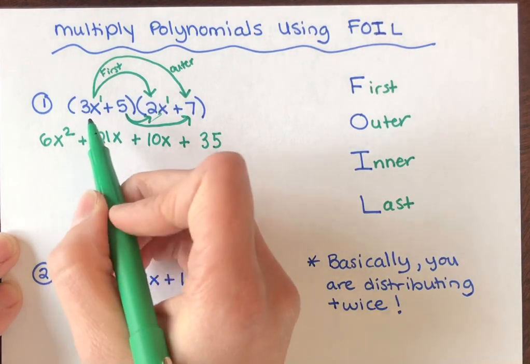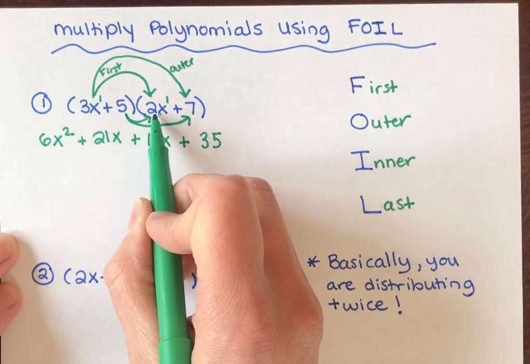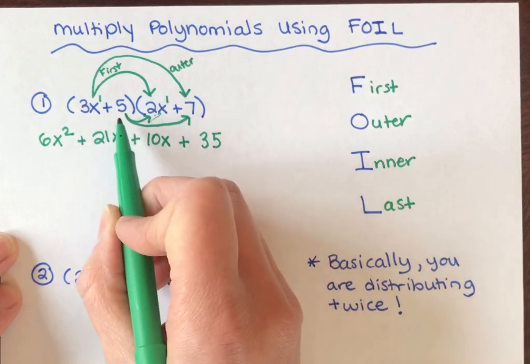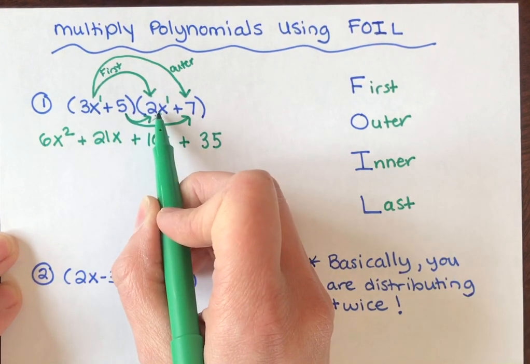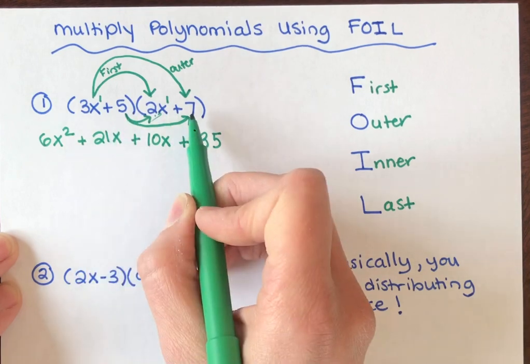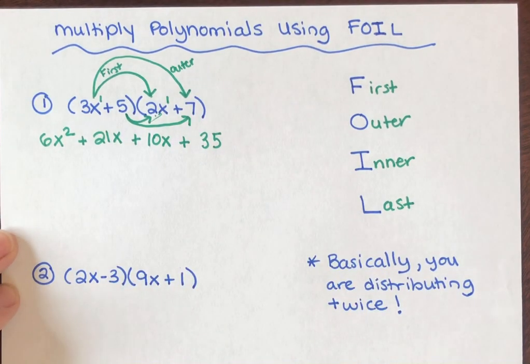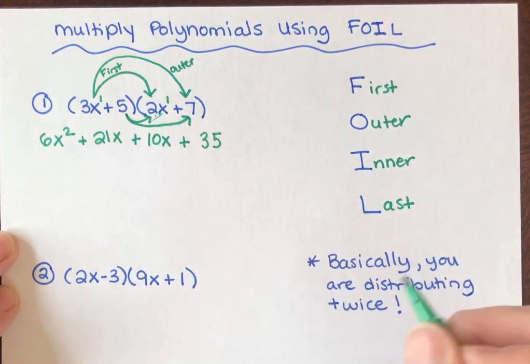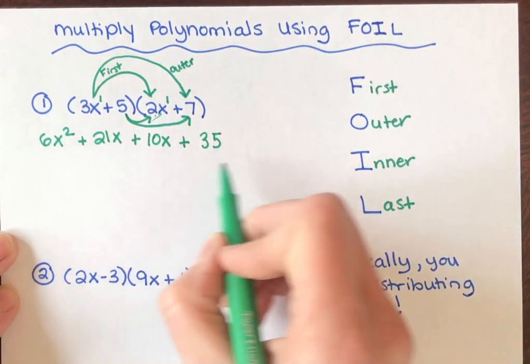If you think about it, we took 3x and we distributed it to 2x, and we took 3x and distributed it to 7. Then we took 5 and distributed it to the 2x. We took 5 and also distributed it to the 7. Once you are done, when you FOIL here, you always have one more step, and that's to combine some like terms.